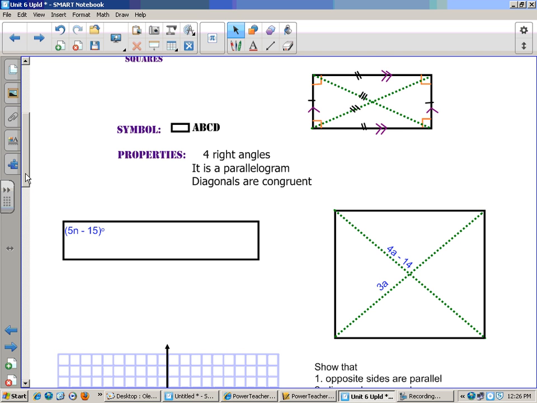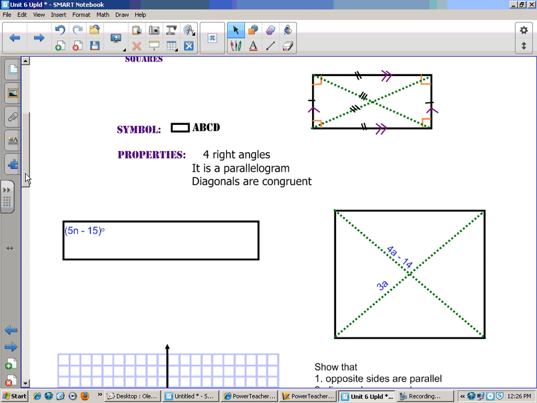All right, so if you look at this one, can I solve that? Can I figure out what n is? Four right angles, all the parallelogram ones, plus four right angles and diagonals are congruent. Yes, that's for rectangles. And that's the symbol for rectangle.